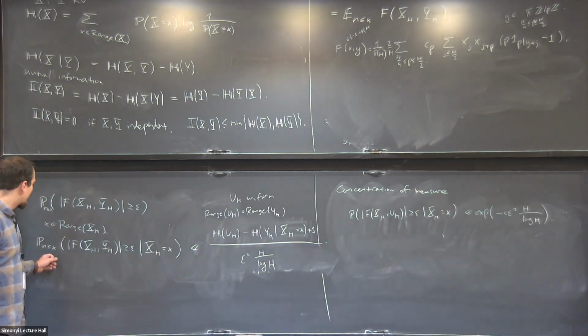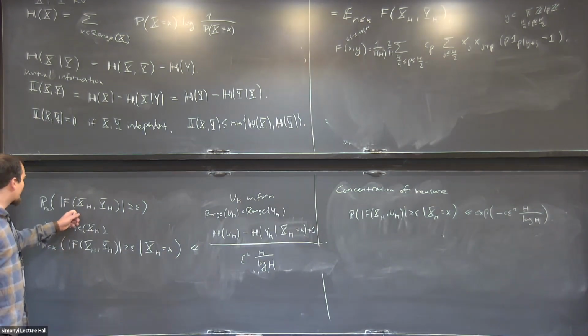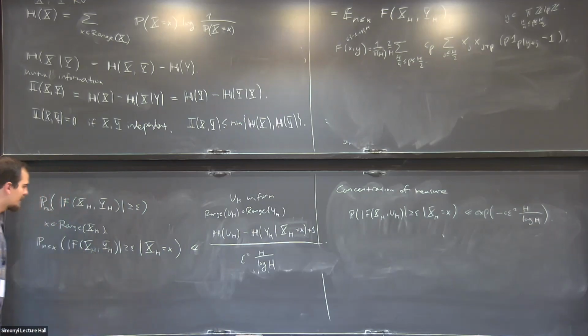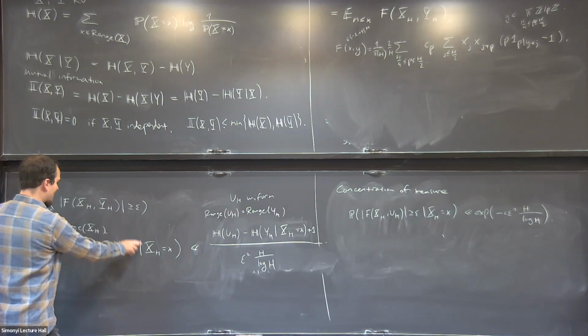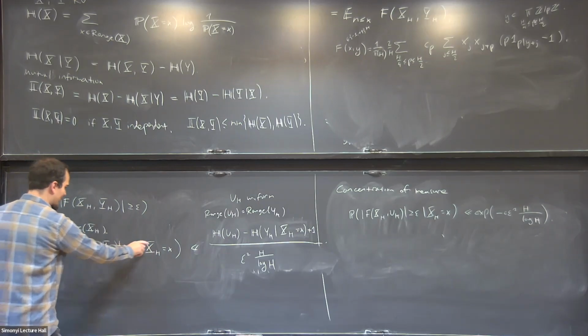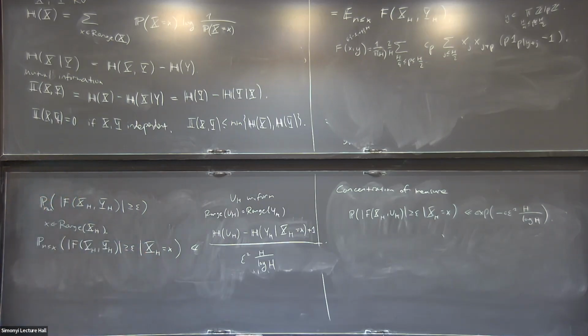Okay, and so now we can express this probability, the original probability, in terms of these conditional probabilities. So that's by using Bayes' formula. You can write this as a sum of these with the weights of probability X_H equals x.